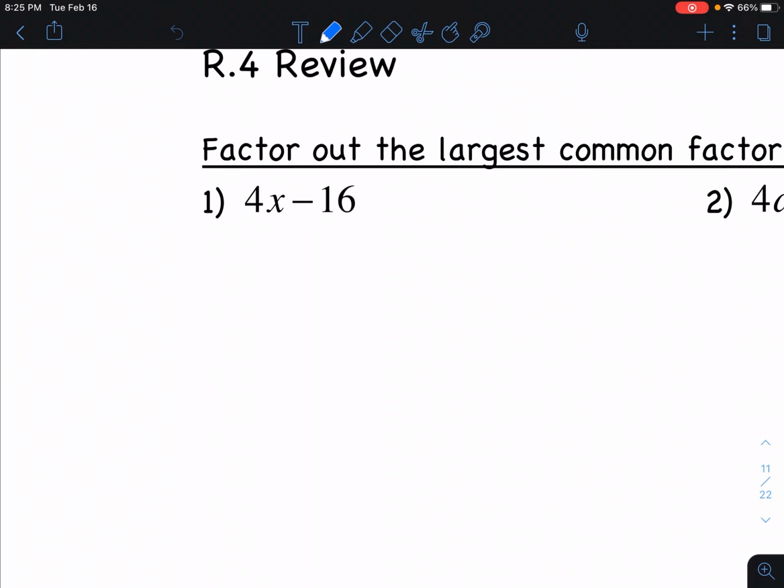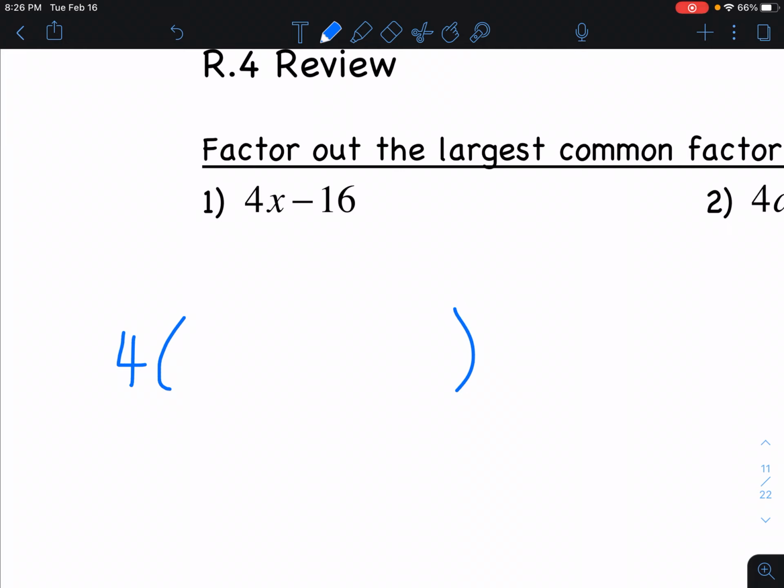I always tell people as a hint, look at the smallest number, 4. Well, we know 4 goes into itself, and 4 goes into 16 also. So 4 is our GCF. Do not put an x with your GCF. x is not part of your GCF because 16 does not have an x.